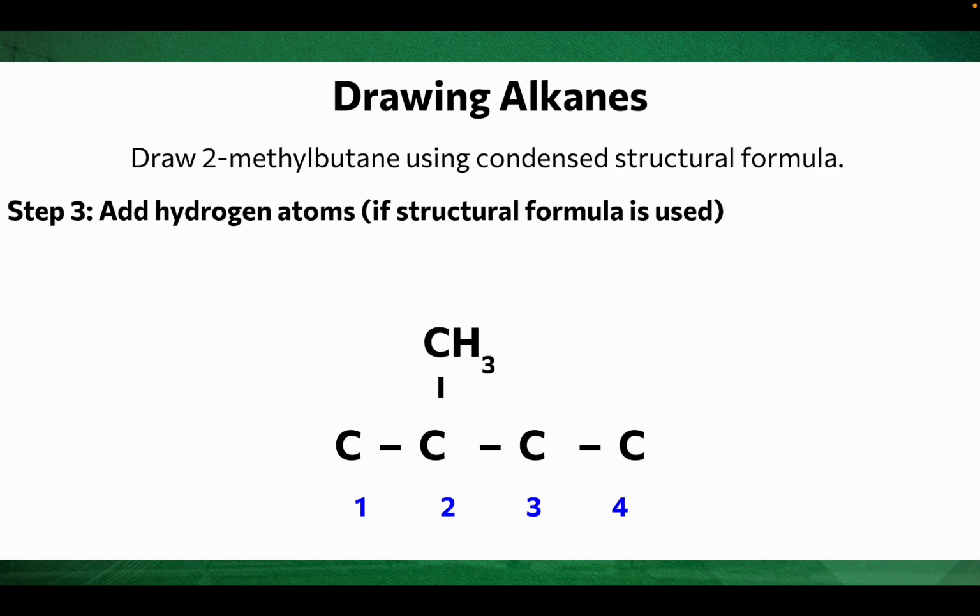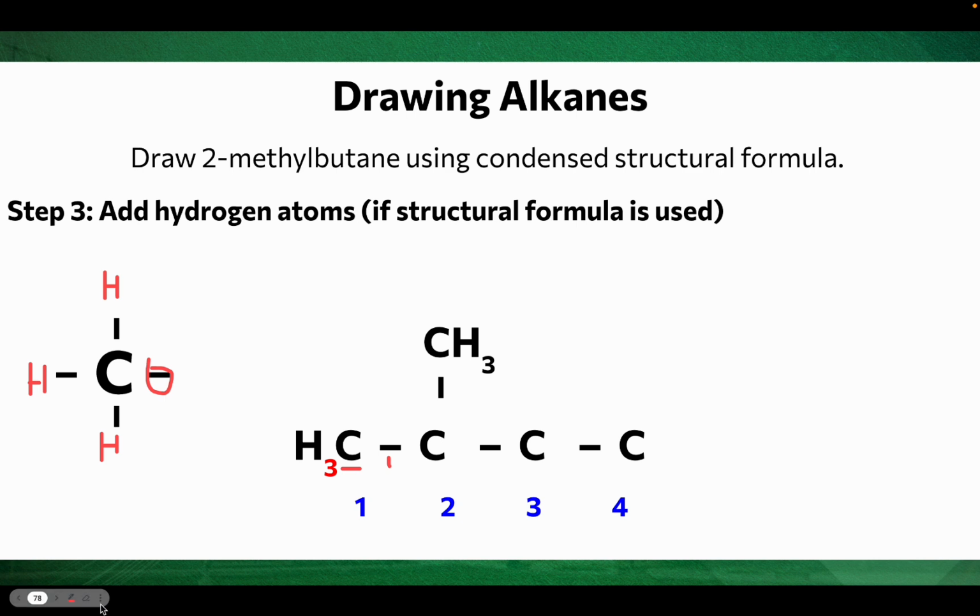1, 2, 3, 4. So at carbon number 2, you add CH3. Step 3, you add hydrogen atoms. Carbon number 1 here has 1 bond. Okay? Remember, carbon is tetravalent. It needs to have 4 bonds. So since this is already taken, you need to fill this part with hydrogen atoms. Okay? So how many hydrogen atoms did you put? 3. So here you add H3.